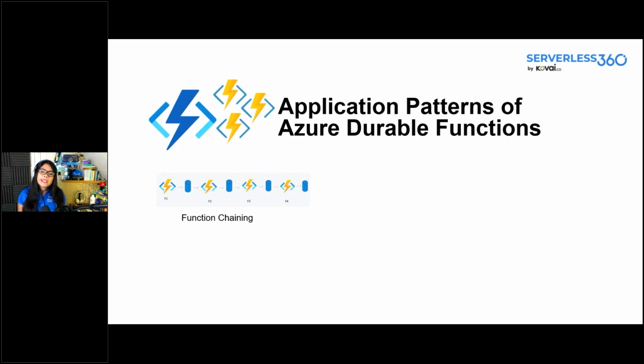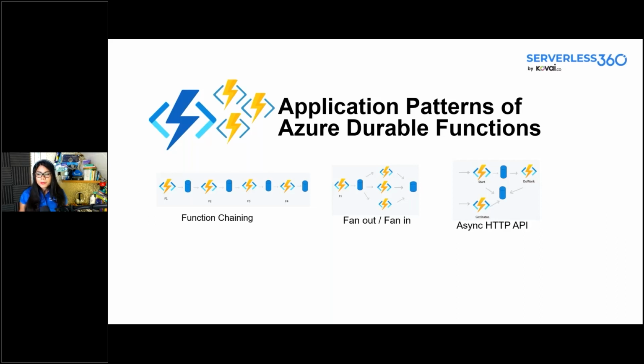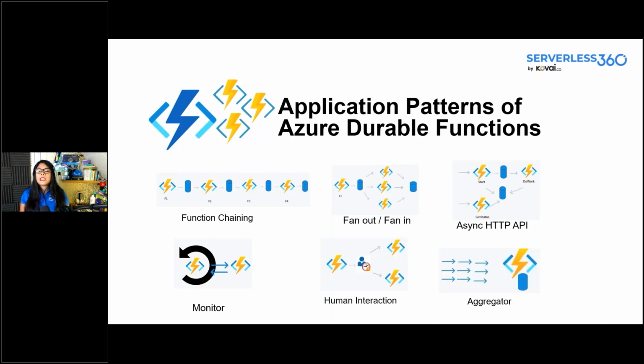The first one is function chaining, then fan out, fan in, the async HTTP API pattern, the monitor pattern, the human interaction pattern, and the aggregator pattern. They are the patterns recommended for simplifying complex stateful coordination requirements in any serverless applications or solutions that you're trying to build in Azure using this technology.